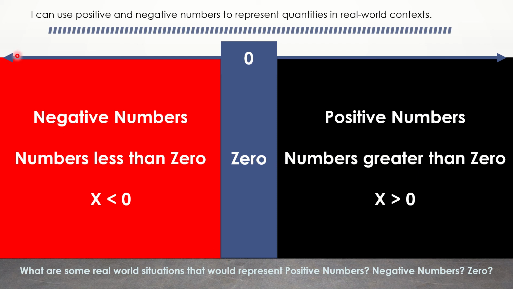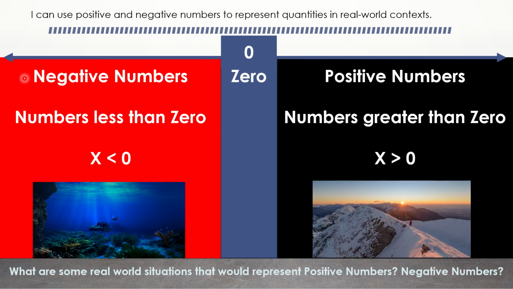And if you're having a hard time, remember this is a number line up here, so maybe keep that in mind as well. That might help. Think of something that would be on the positive end, something that would be on the negative end. So one example might be less than 0 is like under the sea, which means that greater than 0 would be above sea level, so like up on a mountain.